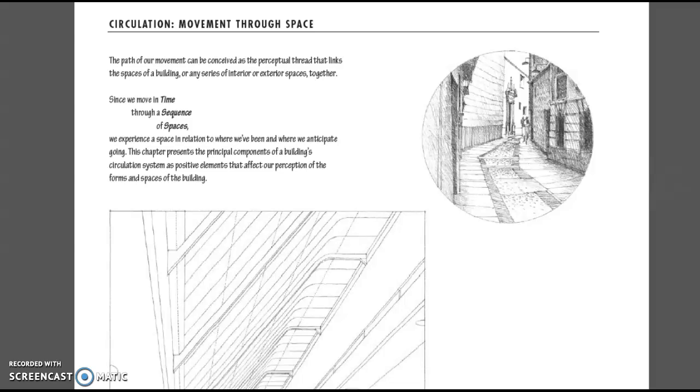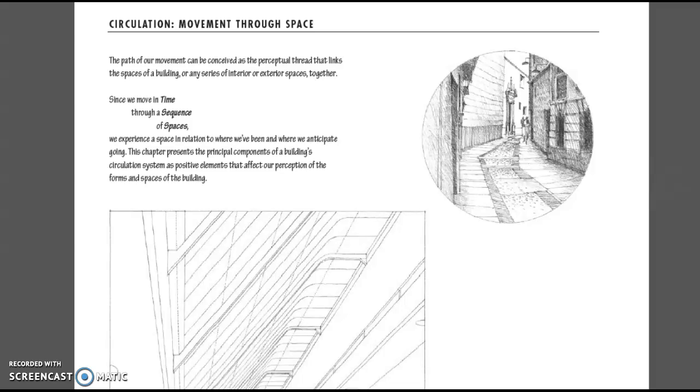The next thing which is very important is that we move in time through a sequence of spaces. We are always moving, and we are taking some time to move. That means we are moving from one space to the other through many spaces, so we are experiencing many spaces in between.